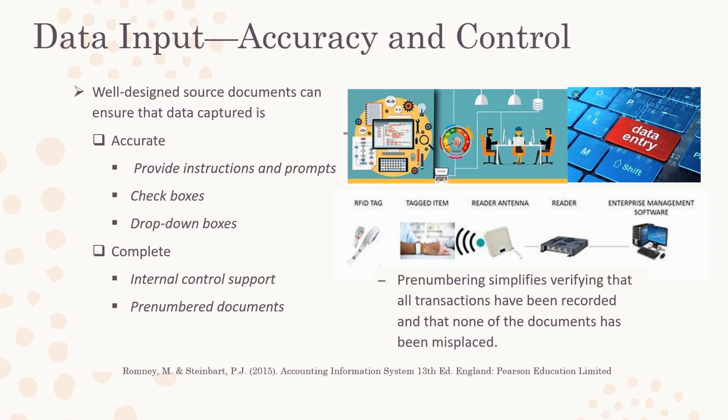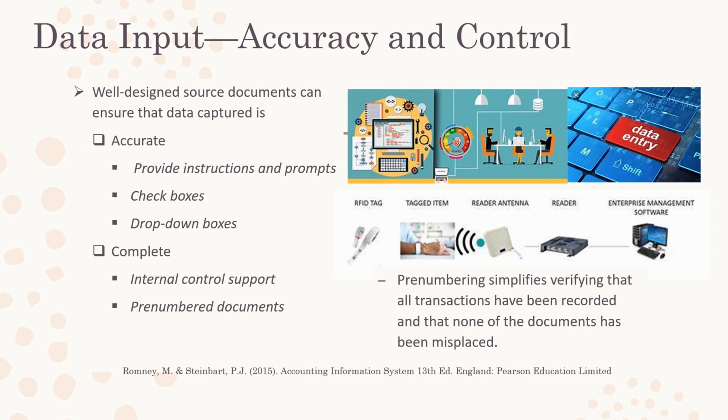And then you also want your data to be complete. So it could be supported by internal control, and we also have the pre-numbered documents, just to avoid that transactions are misplaced or there are missing documents. So you may use pre-numbered documents. And then of course we have the data entry checks for internal control to support that the data are valid and accurate when you encode them in the system.